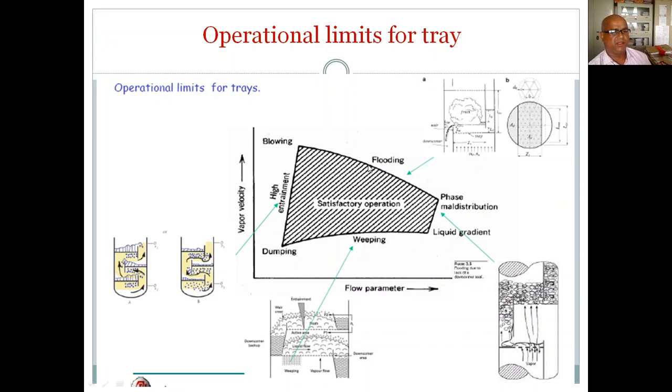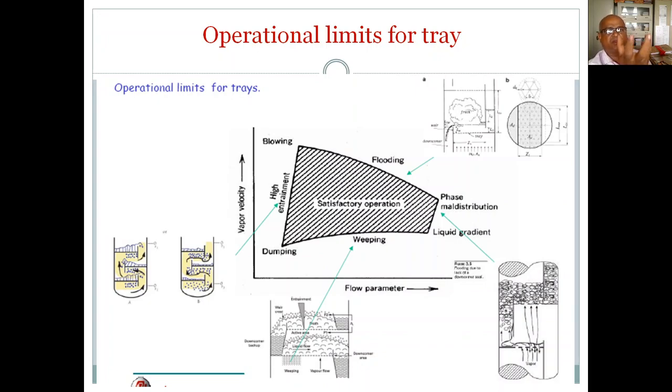I already discussed that if gas flow rate is very high, then pressure drop will be high, and if the pressure drop between two trays is higher than the liquid head, then liquid will move upward instead of going down, because the higher tray has a lower pressure than the lower trays.